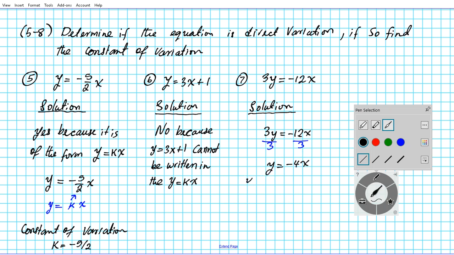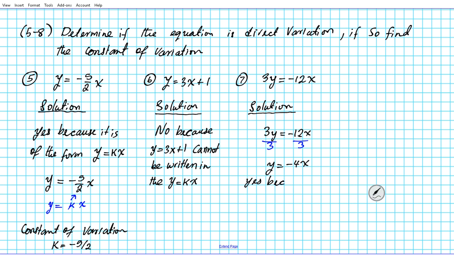So the answer is yes, because it can be written in the y equals kx form. That's the reason why.